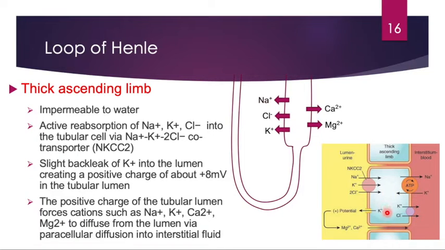Higher potassium in the tubular cells will cause backleak of potassium back into the lumen, causing the tubular fluid to be positively charged. This positive charge of the tubular lumen will force or attract cations such as magnesium and calcium to diffuse into the interstitial fluid via paracellular diffusion.